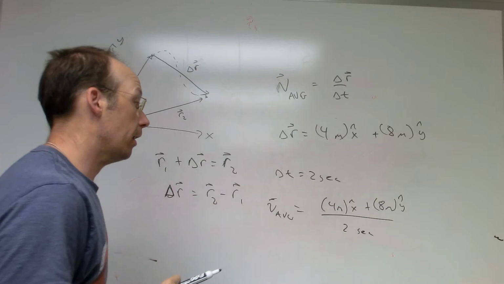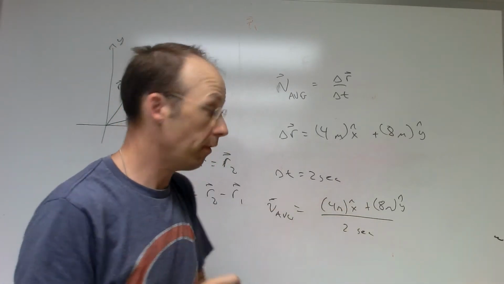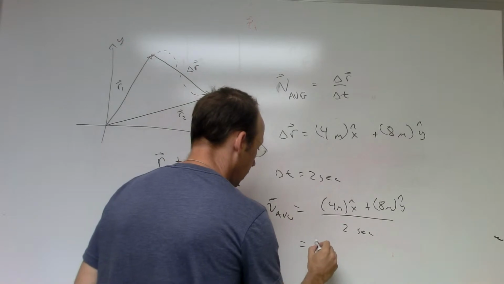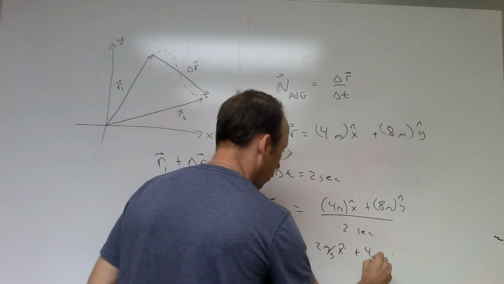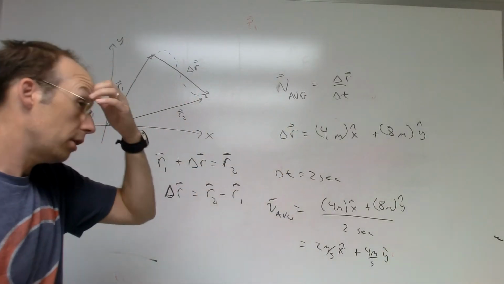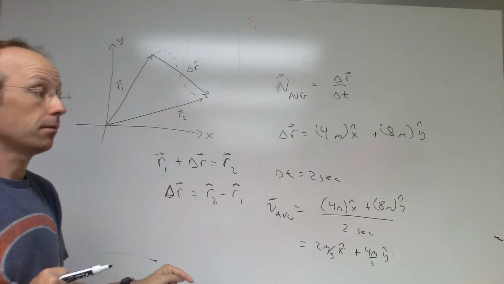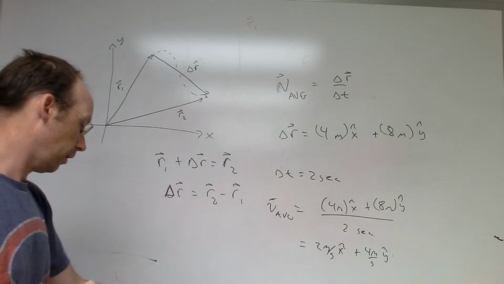So when we divide, you could probably guess that I would have to divide both of those by 2, and you would be right. So this would be 2 meters per second x hat plus 4 meters per second y hat. So I still get a vector. Okay, you can't divide a vector by a vector, but I can divide a vector by a scalar, and that's what I did right there.